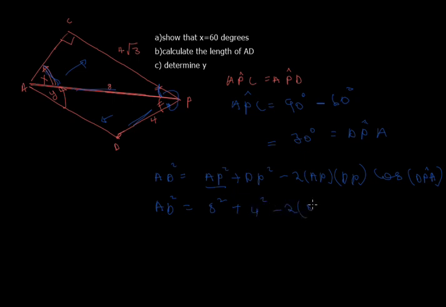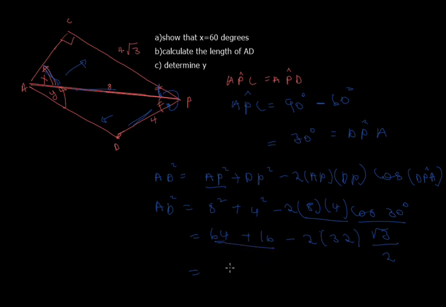AD squared equals 8 squared plus 4 squared minus 2 times 8 times 4 times cosine of 30 degrees. So 64 plus 16 minus 2, and this part will give us square root of 3 over 2.